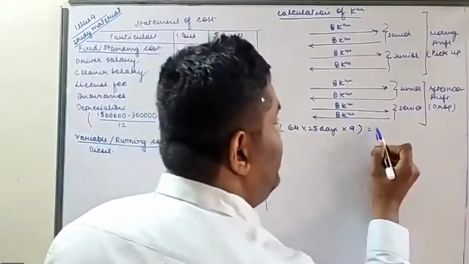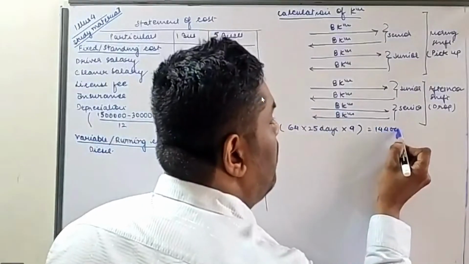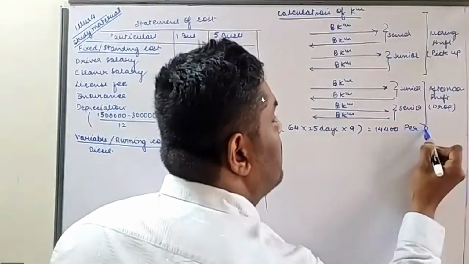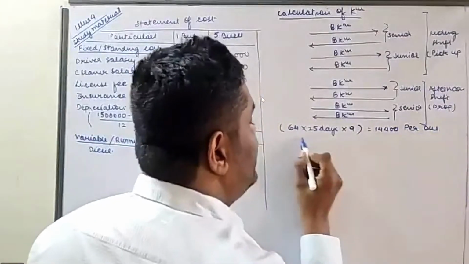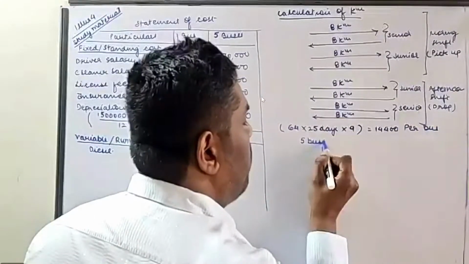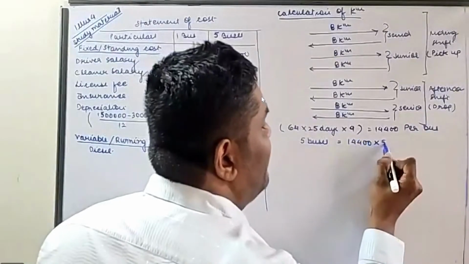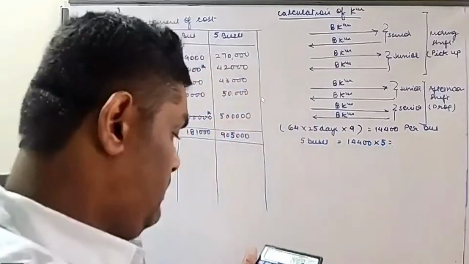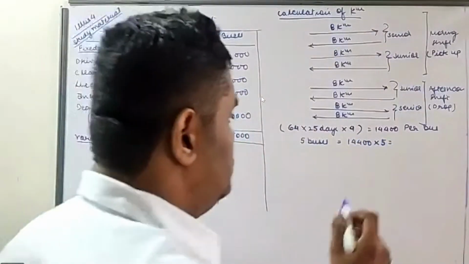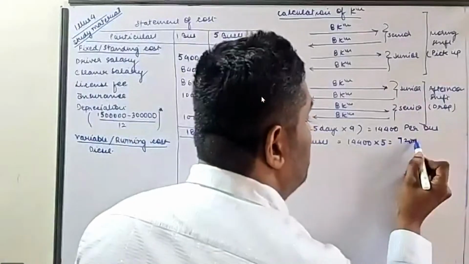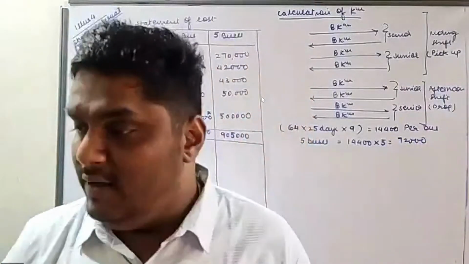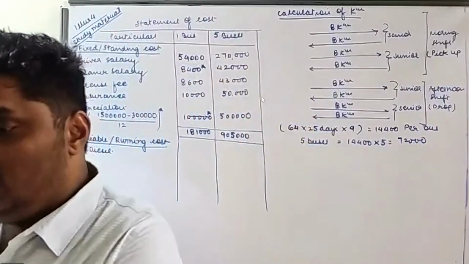So this will be 14,400 per bus. So for 5 buses, it will be 14,400 into 5. So this will be 72,000. Anyone having any doubts or queries?